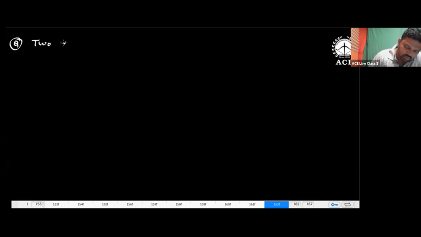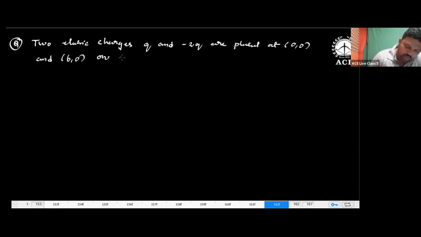Two electric charges Q and minus 2Q are placed at 0, 0 and 6, 0 on the XY plane.